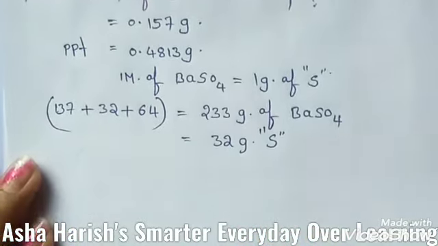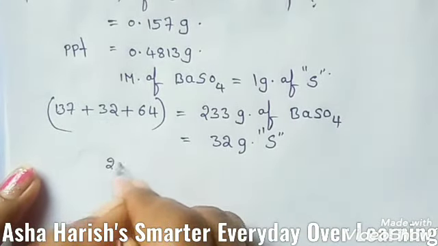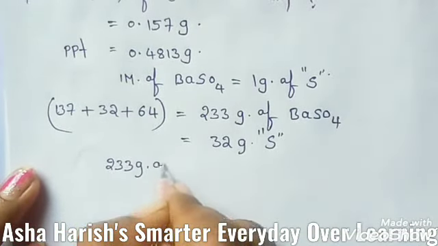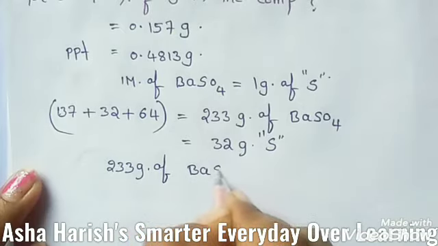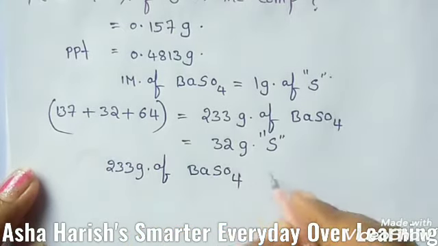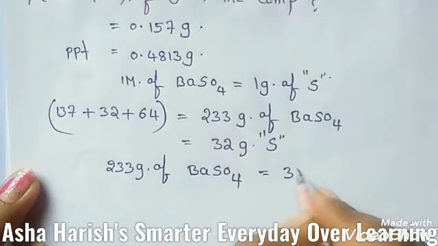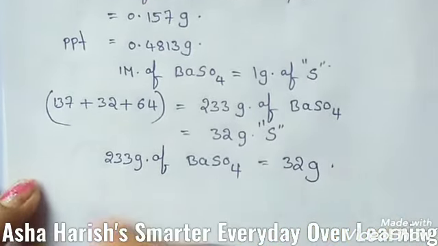That is, 233 grams of barium sulfate contains 32 grams of sulfur.